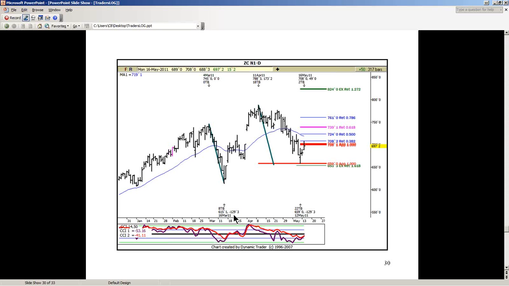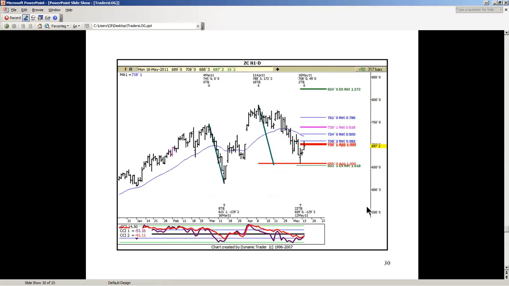You can see that both of these swings were exactly the same. So symmetry is equality or similarity. Here it was exactly equal, 129 and change and 129 and change. We ended up not reaching the target, but we did have a huge rally in the corn off of that simple symmetry projection.